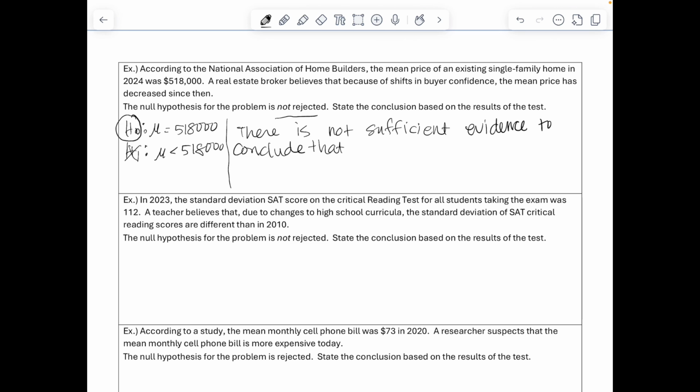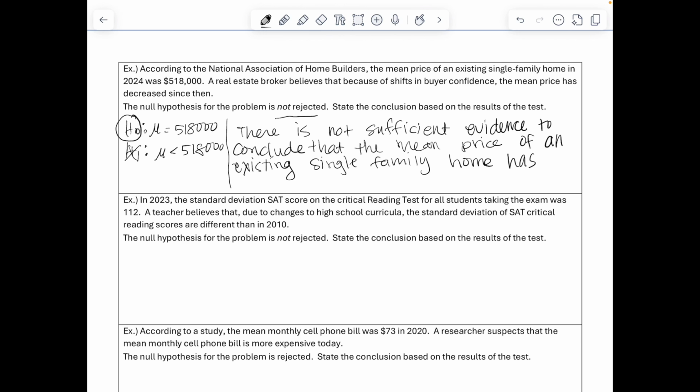that, and we need to talk about what the problem is discussing, and that was the mean price of an existing single-family home.